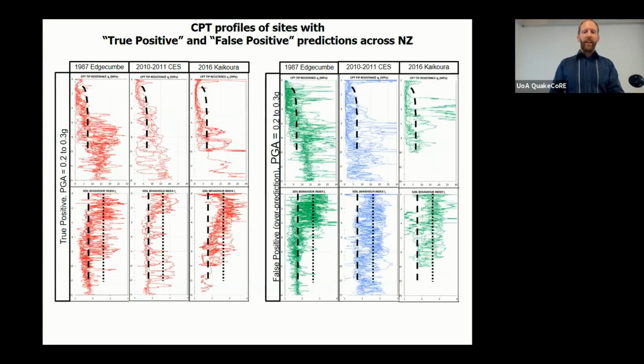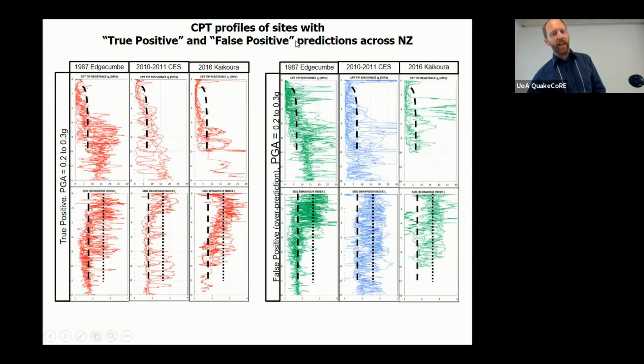And then we can bring some of these different areas of New Zealand together, where we can show the soil profiles from the 1987 Edgecumbe earthquake in the Whakatane area, some of the Christchurch ones, and some of the Kaikoura or Blenheim soil profiles, and how they performed in the Kaikoura earthquake.